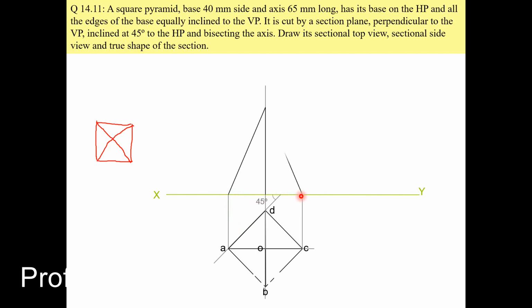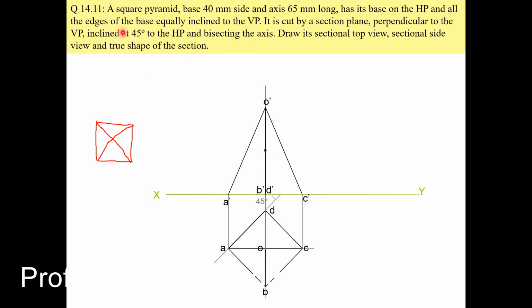Then all these lines should be dark because they are the edges of your square pyramid. Then transfer the points A dash, B dash, D dash and C dash, and this should be O dash. Now the section plane is bisecting the axis, so it should be at 32.5 from this, at a 45-degree angle.